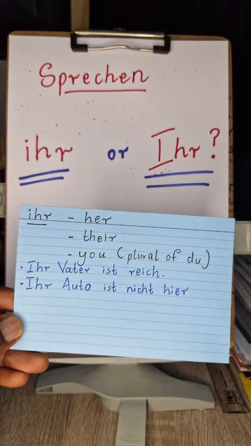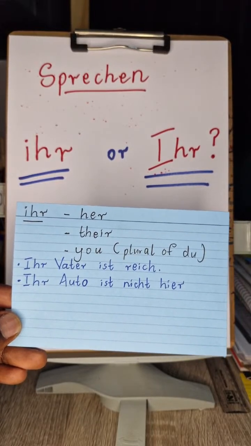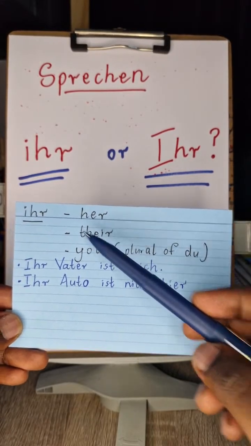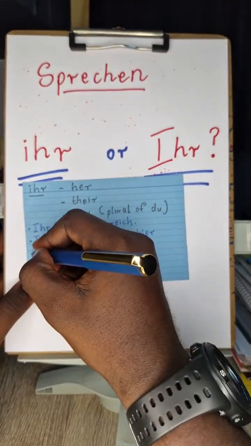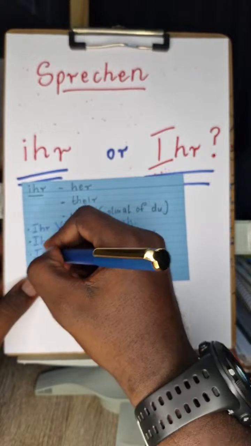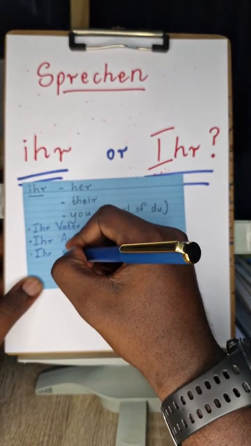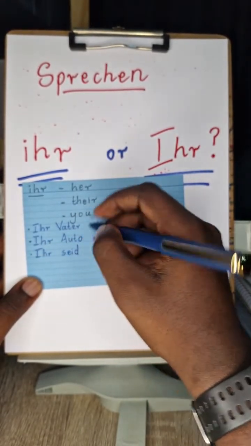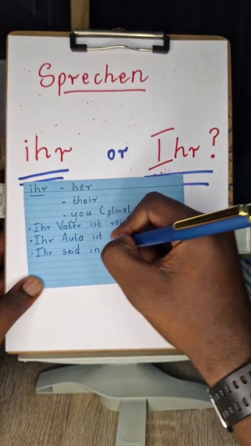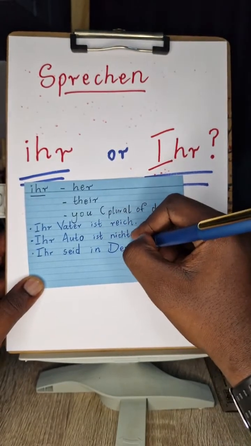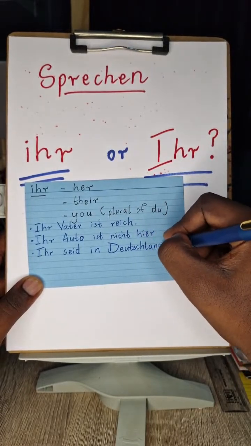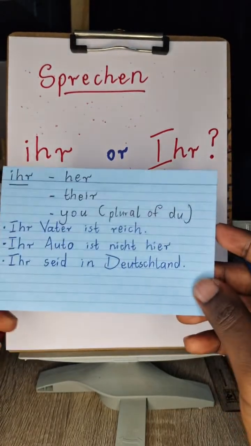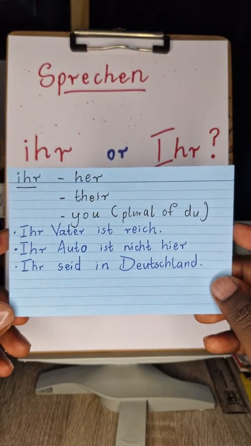You have to tell them, guys, you are in Germany. Now I would use this you for "ihr". You would now say, "Ihr seid in Deutschland." Now this would mean you are in Germany. "Ihr seid in Deutschland," okay?